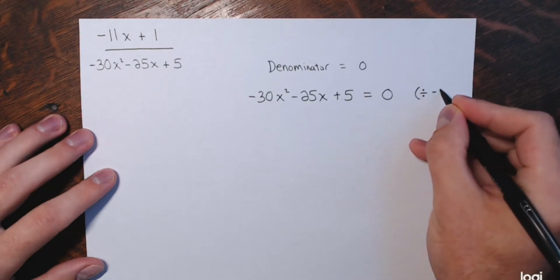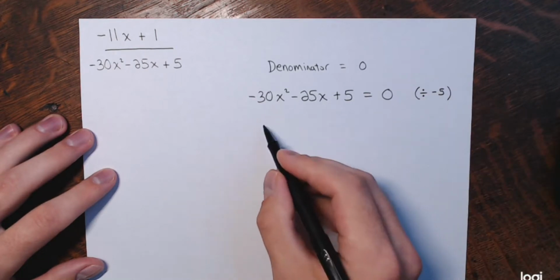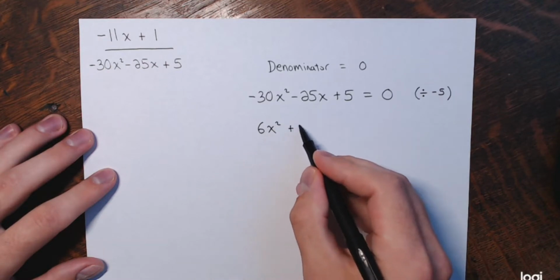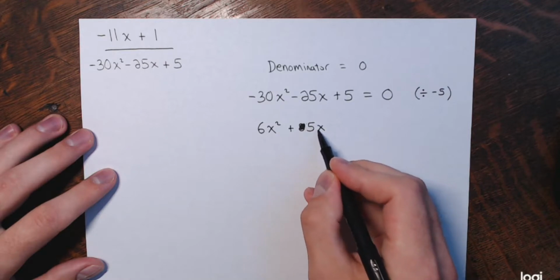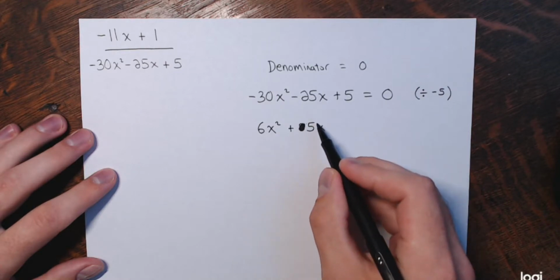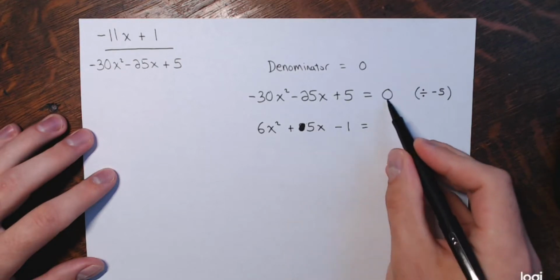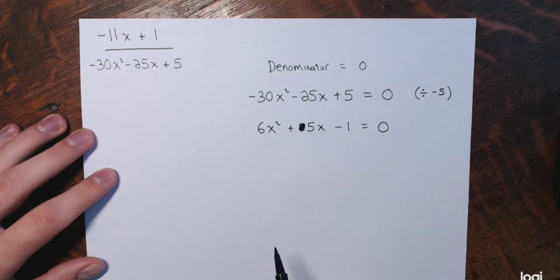I'm going to divide both sides by negative 5. That'll make this positive 6x squared, then positive 5x, and then negative 1 equals 0, since 0 divided by any non-zero number is 0.